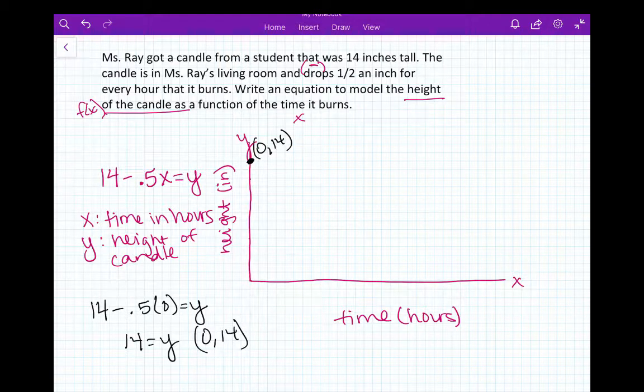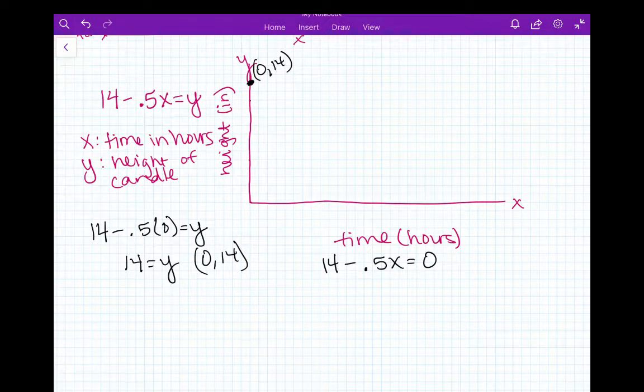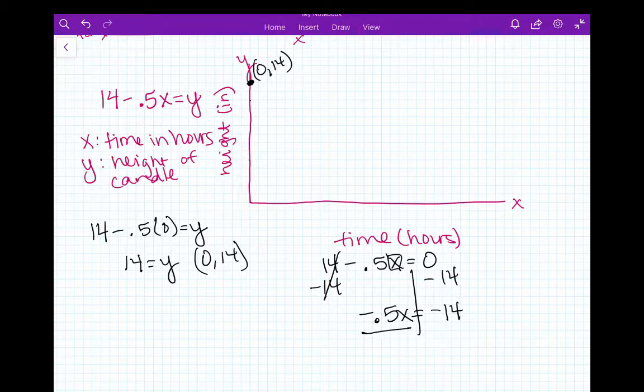Now I'm going to find my x-intercept by plugging in a 0 for y. 14 minus 0.5x equals 0. So I need to solve for x, so I'm going to subtract 14 from both sides. So negative 0.5x equals 0 minus 14, which is negative 14.